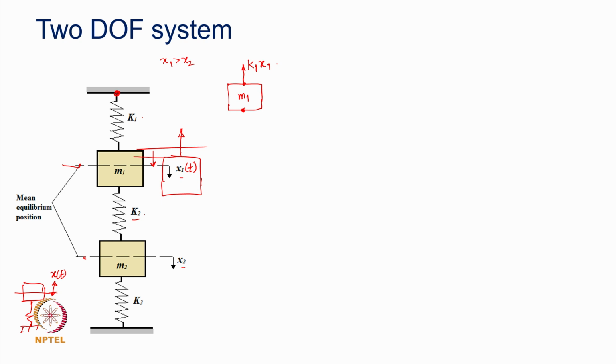When the spring k2 is connected to this mass, obviously there will be a force coming from the spring k2, and that force is going to be what? The constant of proportionality is k2, that is the spring rate. And how much will be the stretch, or the extension or compression, in the spring?